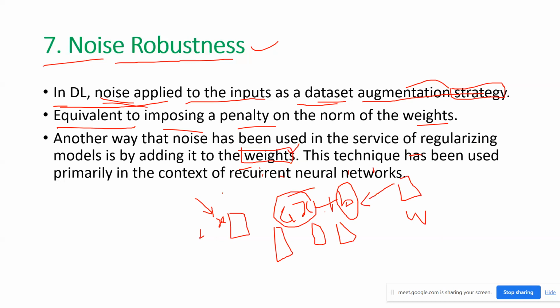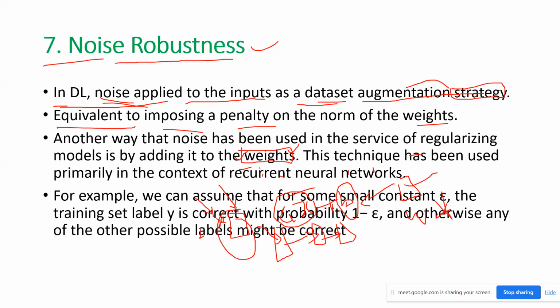When we add noise to the input value X, it is applied to only one data element. When we add noise to the weight value, weight updation is done in the first layer, in the second hidden layer, and in the third layer. So every time we are updating the weight value to control the model. So when we apply noise to the weight value, this model will give more accuracy than the previous one. So you need to use noise robustness to increase the data augmentation process.